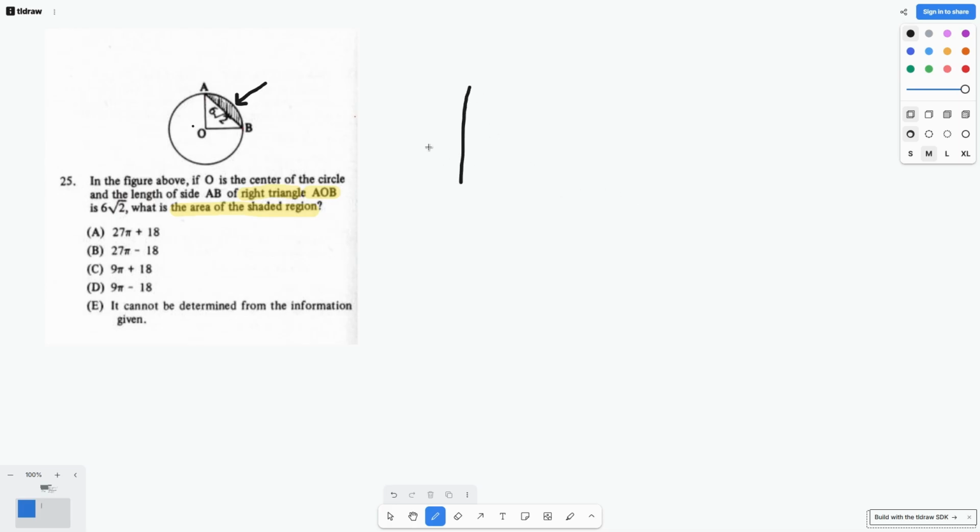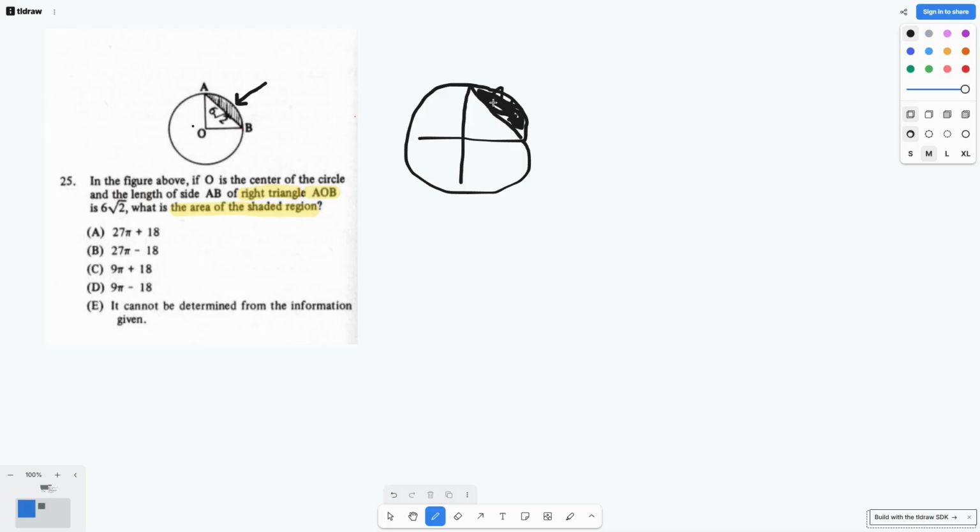If you look closely, what you have here is a quarter circle, right? But then imagine that you cut out a triangle in a quarter circle. After you cut out this triangle, you'd be left with this shaded area right here, wouldn't you?